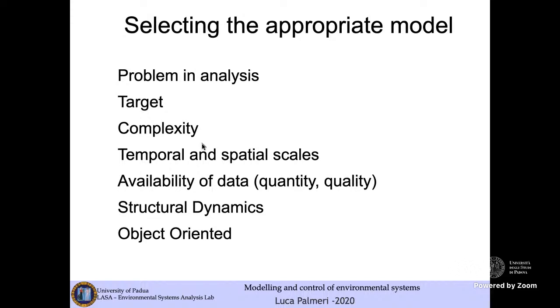Then a third criterion that may guide you in the selection of the appropriate model is that of the availability of data, in terms of quantity and quality of the data.